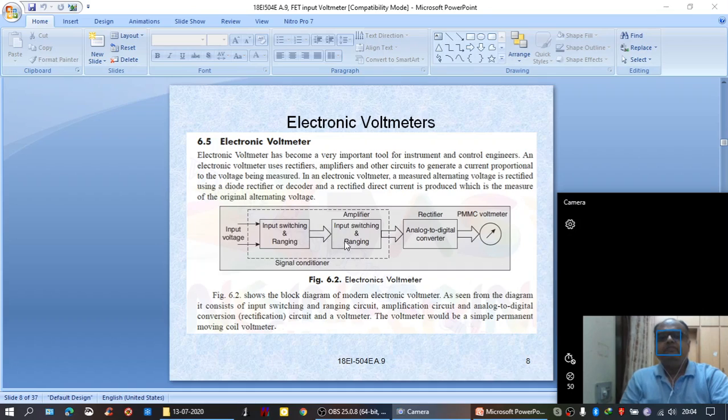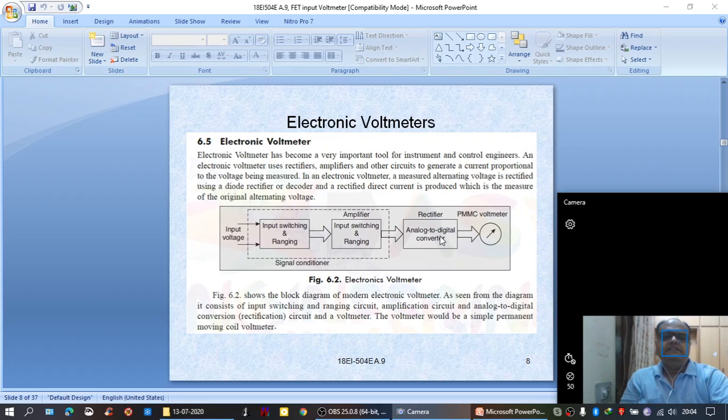Then if the input is AC, a rectifier is needed. It is not an analog to digital converter.